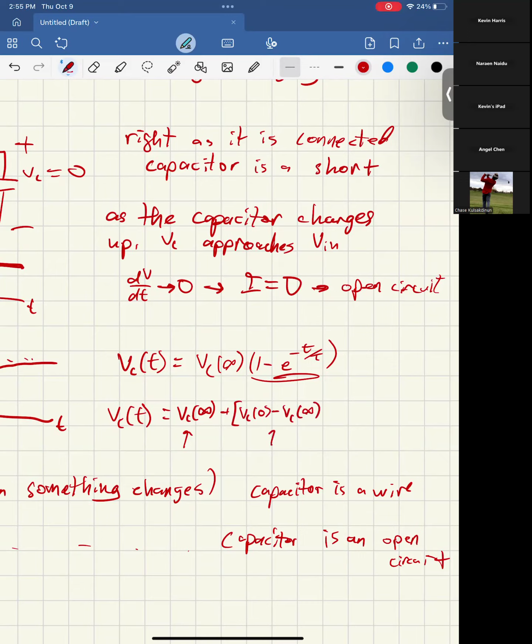This is the difference between the capacitor's voltage at the beginning and at the end, and then that times e to the negative t over tau.